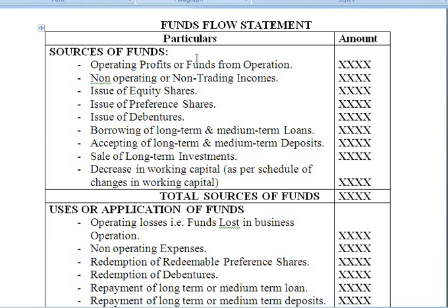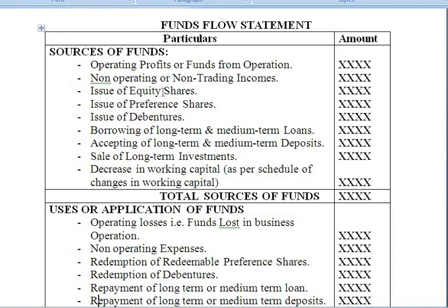Okay, the examples of sources of funds: the first one is operating profits or funds from operations, then non-operating or non-trading incomes. Now here, non-operating or non-trading incomes, for example profit on sale of fixed assets, dividend received, all these will come in the non-operating incomes, the incomes which are not relating to the operating activities of a business, but are still business income.